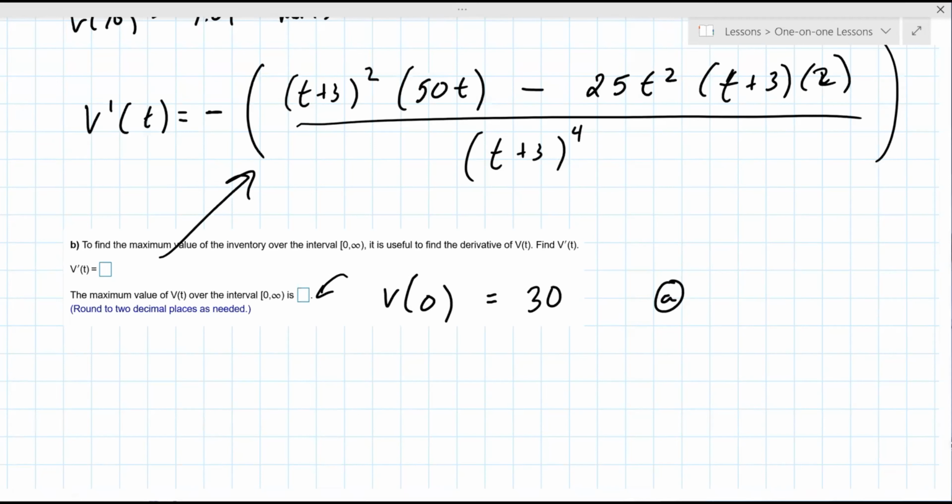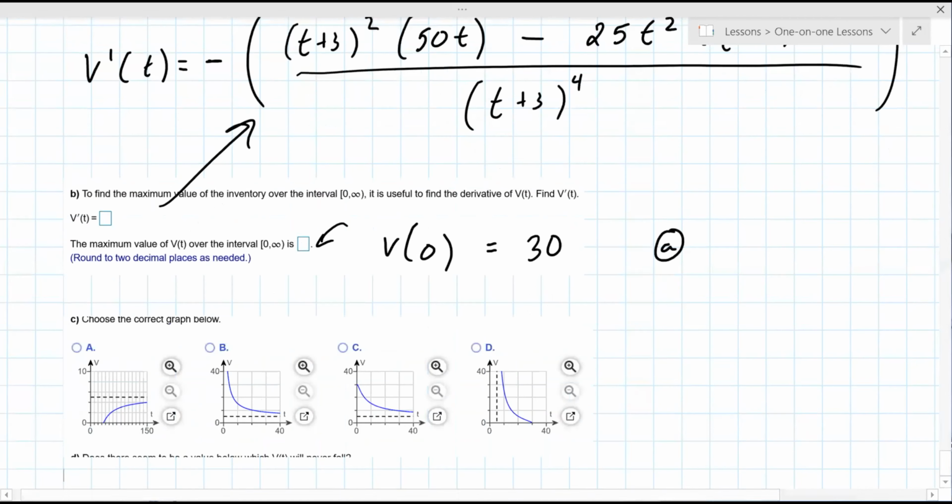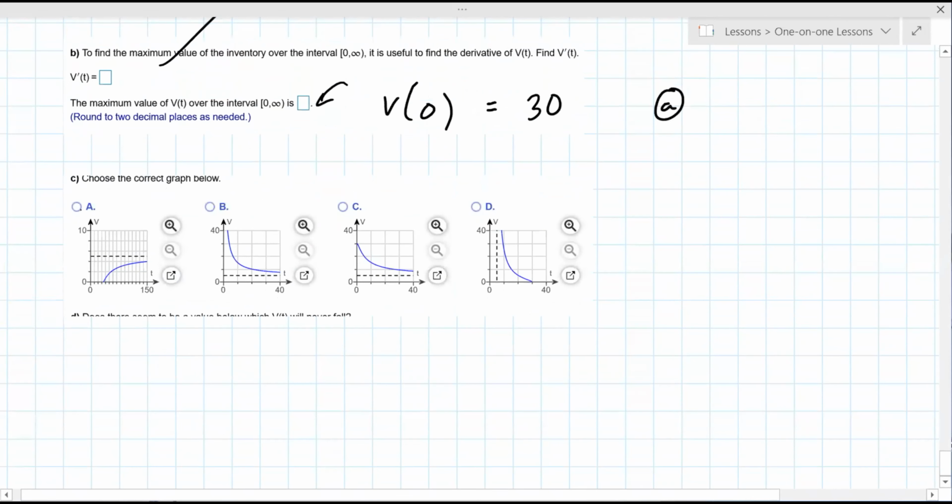For the graph, they give you a couple options here. It's never going to be this one, and it's not going to be this one. It's going to be either B or C, and it's going to be the one that actually touches right there. See how this one on the left just goes up forever? That's not the one you're looking for. That would always be the same.